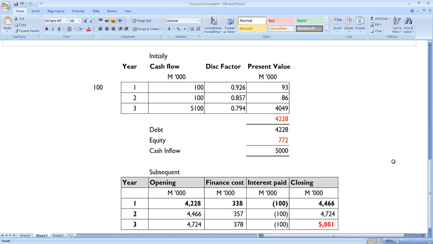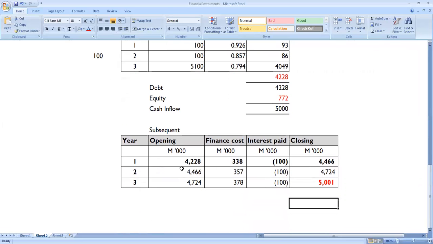I think you're comfortable with how we have dealt with this. The first step is splitting this into its debt and equity portions, then subsequently accounting for the debt portion as we've done: the finance cost, then the interest paid, then the closing balance. From there it should be fine.